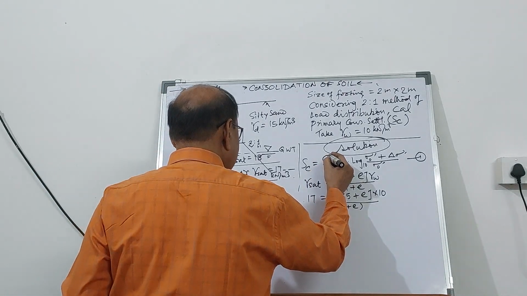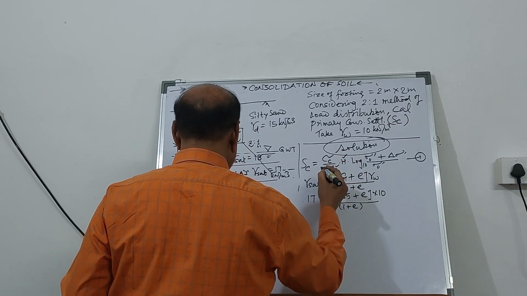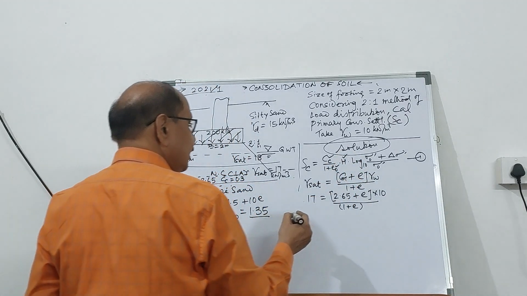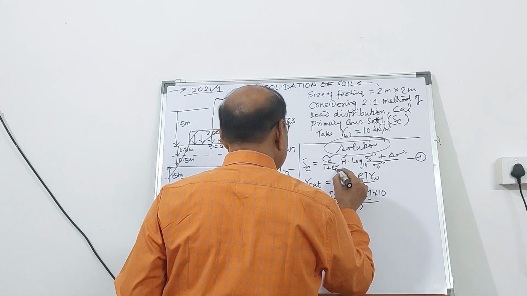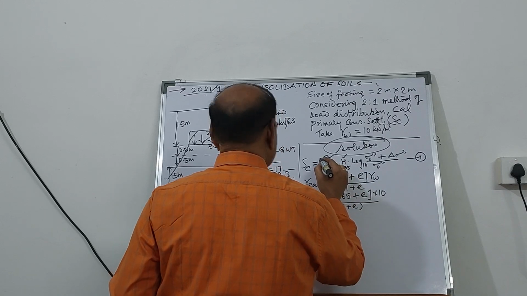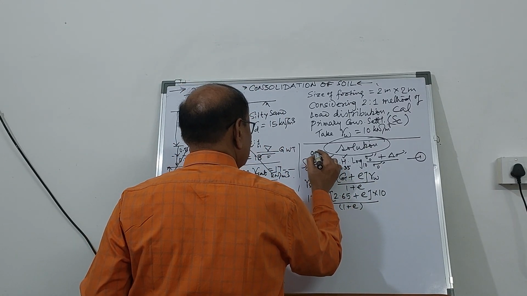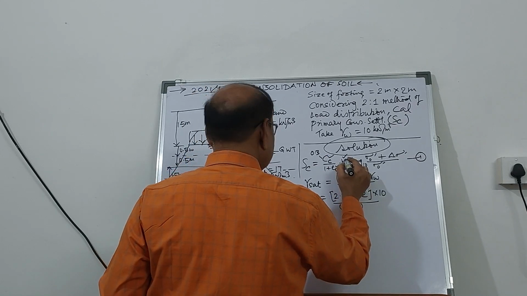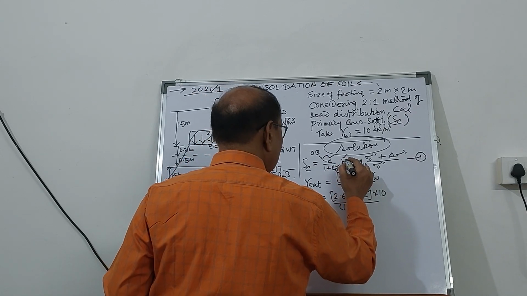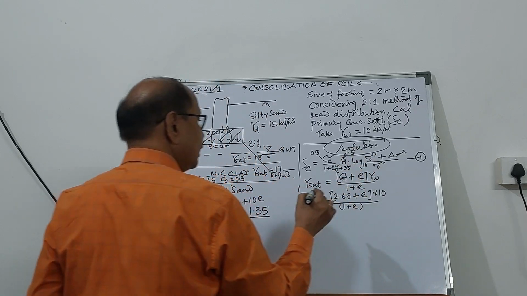Cc is already given. E naught I have calculated. H is known to be 1.5 meter. So, e naught is 1.35, Cc is given as 0.3, H is 1.5 meter.